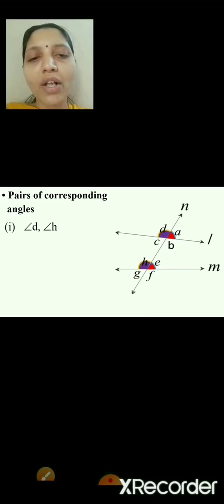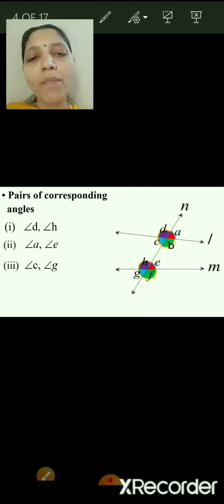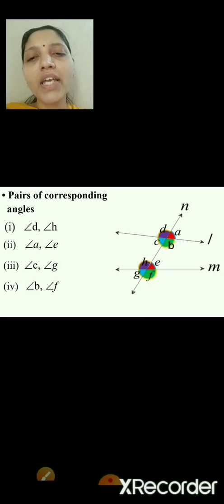Now what will be the next pair? Angle A and angle E. Similarly, on the downside of these two lines, angle C and angle G, angle B and angle F. These are the 4 pairs of corresponding angles.